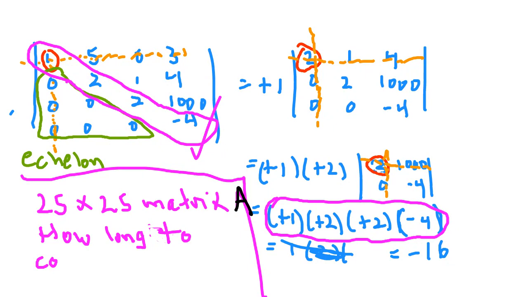How long do you think it would take to compute the determinant of the matrix A? And we're assuming that the computer performs 1 trillion multiplications per second. How long do you think it would take to compute the determinant of that 25 by 25 matrix?